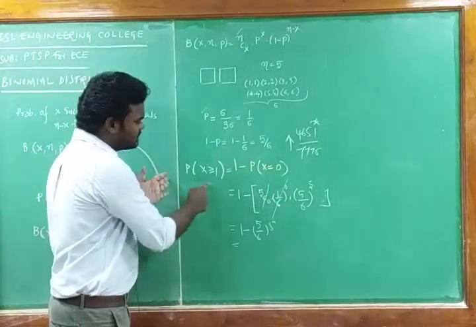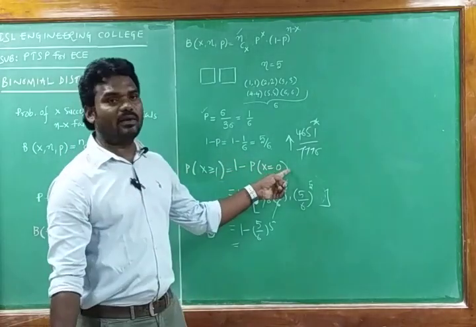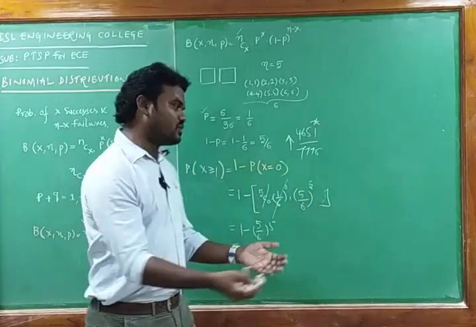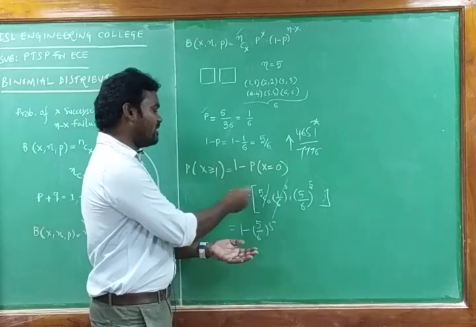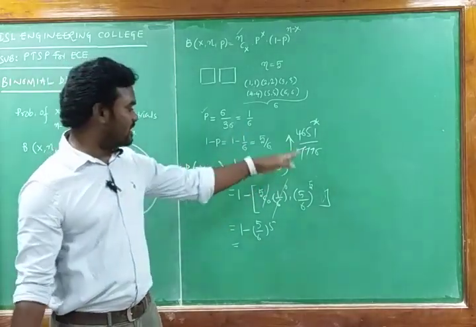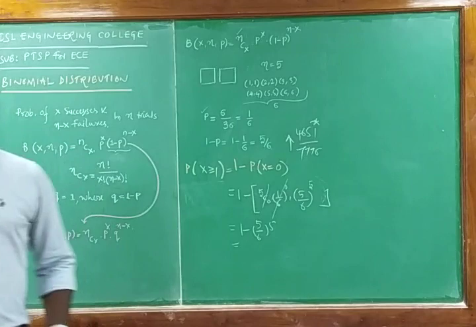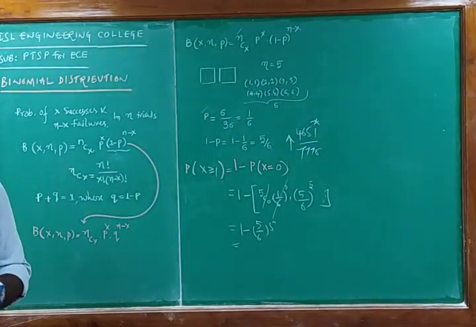Here onwards this is nothing but a sum of probability up to 6. And here this is probability x is equals to 0. So that total probability is equals to 1, and whatever is up to x is equals to 1, this is a probability we are taking this side, and 1 minus probability of x is equals to 0 we are taking that side, so that x value is 0, such that you can calculate the simple answer, the probability of getting success at least once.